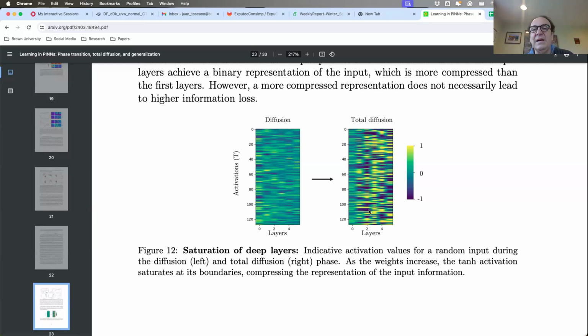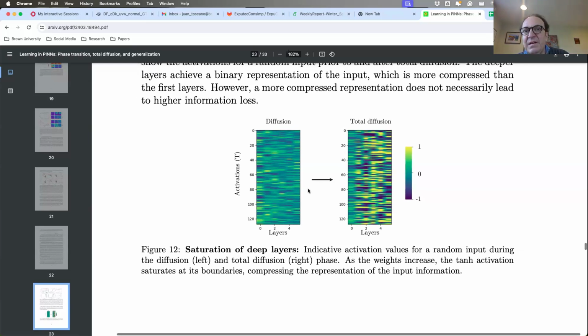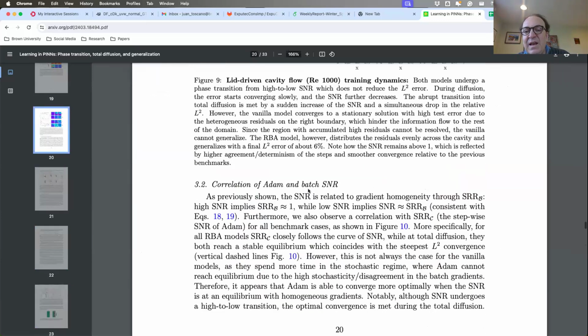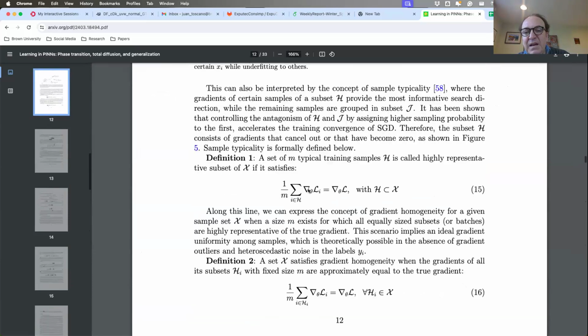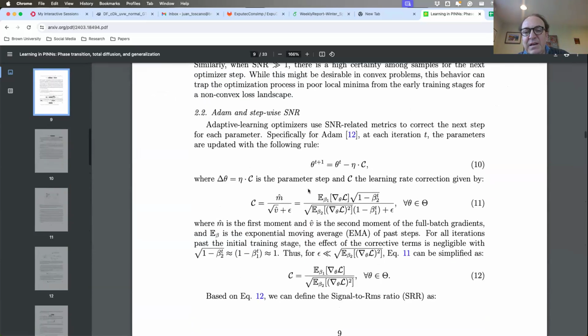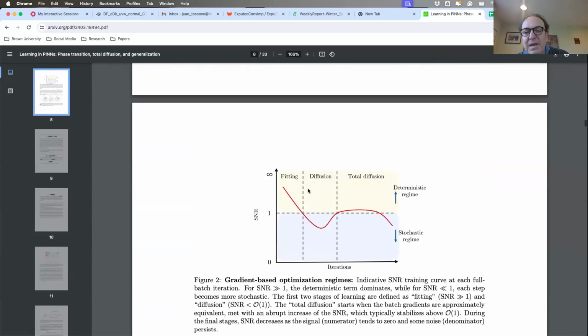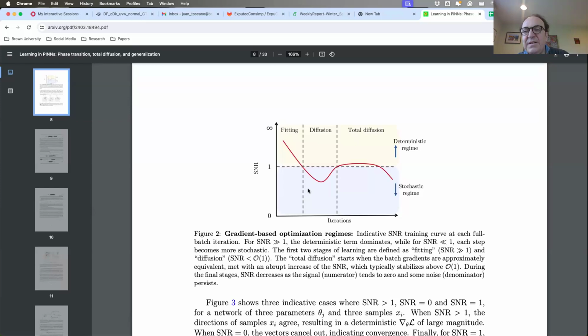Maybe you can show the sketch. Unlike PHP, our theory is a little different. It's not two phases. It's actually this one here. There are three phases. We represent everything in terms of this signal-to-noise ratio. PHP is talking about fitting and diffusion.